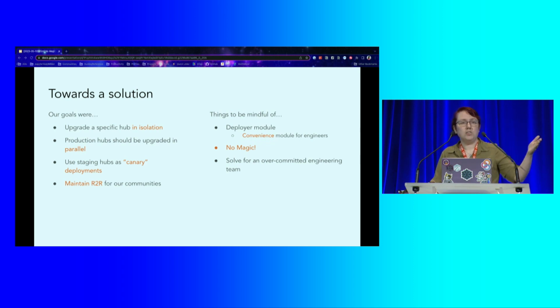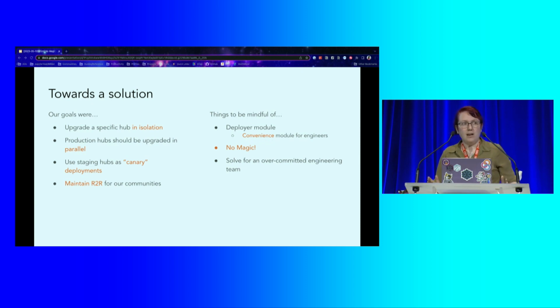So you deploy to your staging hub first, and if your deployment fails, you don't deploy to prod, because production is where your users are. You fix staging first and go through the cycle again. But we wanted to achieve all of this while maintaining and respecting our community's right to replicate.